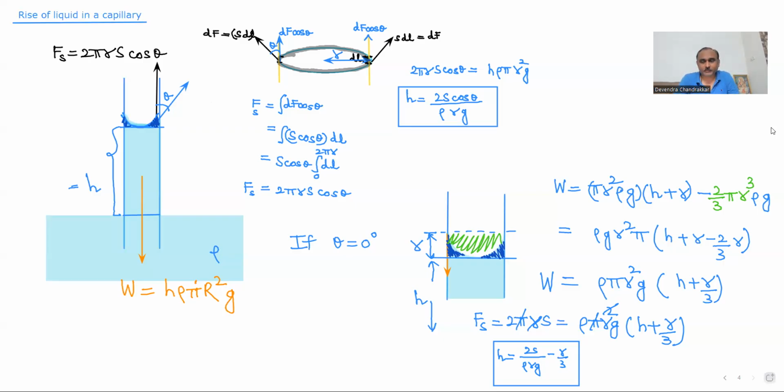So this is rise of liquid in a capillary. Now comes the next topic, which is viscosity. Now, what is viscosity?